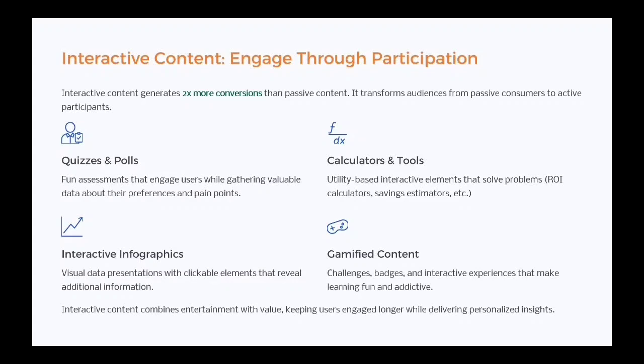But in terms of content creation, most people aren't thinking about gamification. Most people aren't thinking about calculators and different tools. They're not necessarily thinking about quizzes and polls or interactive infographics. That's sort of higher level, corporate level, sophisticated marketing awareness, creation, and output.